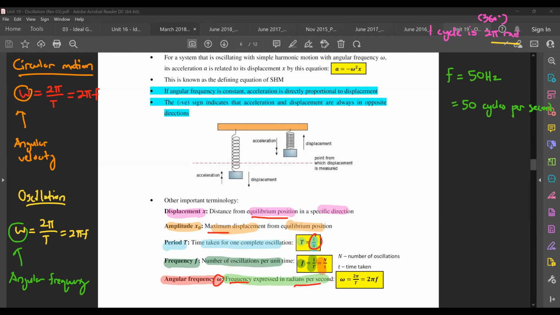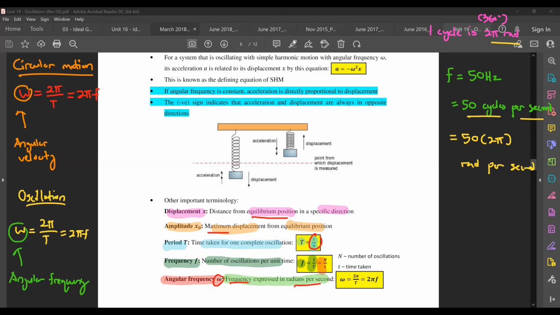Okay, so you look at this one. If we have 50 cycles per second, if I take 50 times 2 pi, I'm going to get the frequency in terms of radians per second, isn't it?